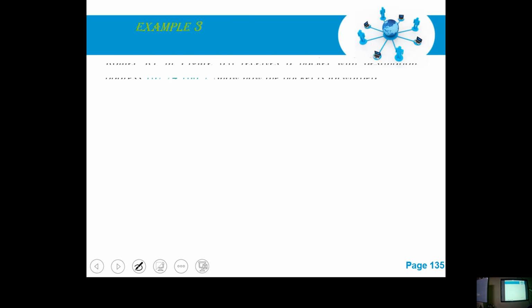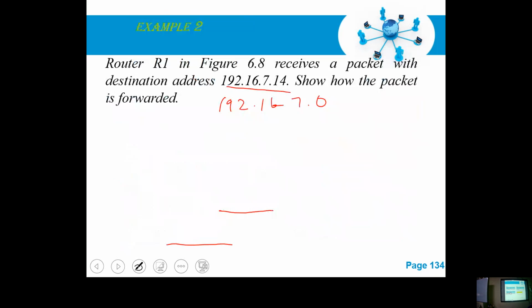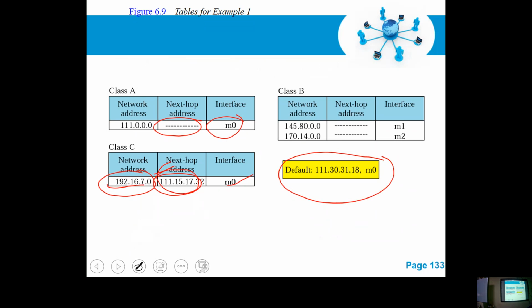So look at this one, 167.24.160.5, right? Do we have that one here? It is class B basically. If I mask it, you will get 167 point something. But we do not have that one. So where do we have to give it?